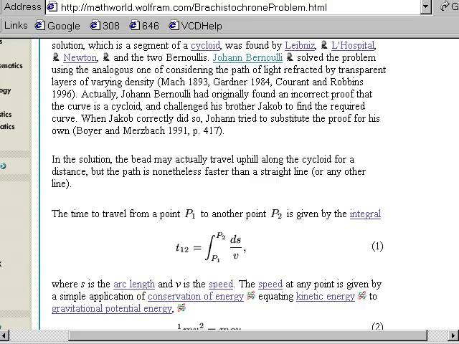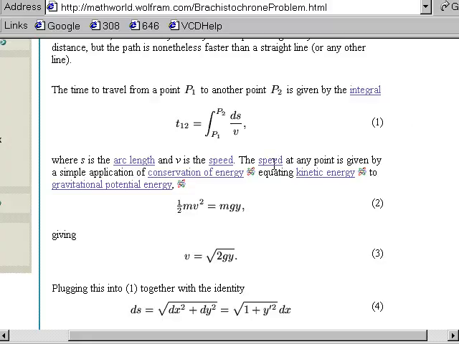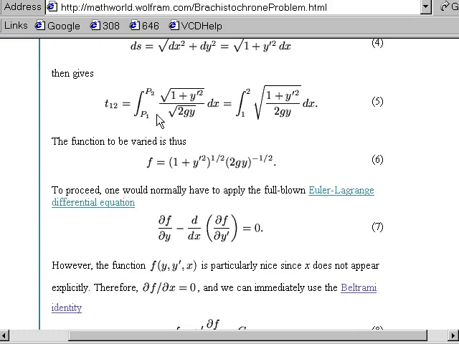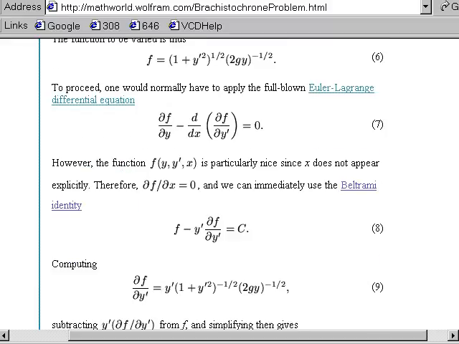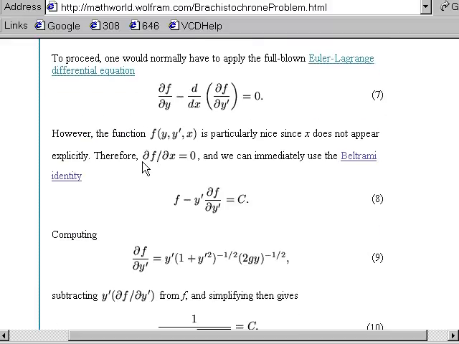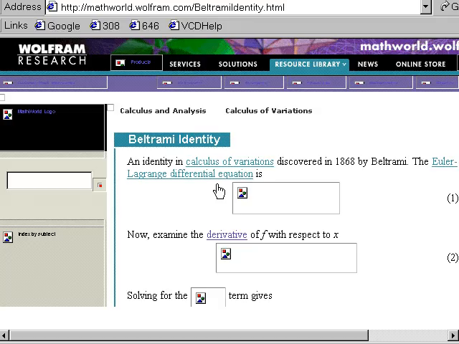Now if you go down here, this is just the derivation that we went through. So here's the functional that I'm minimizing. Here's f. Here's the Euler-Lagrange equation. But it turns out that in the special case where f does not depend on x, there's a Beltrami identity that comes from a separate calculation, from this link here.